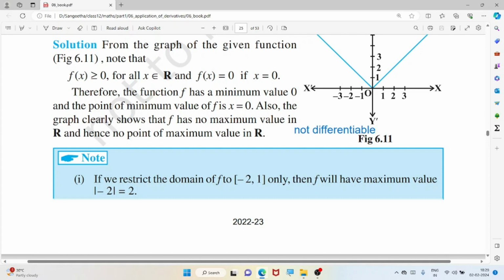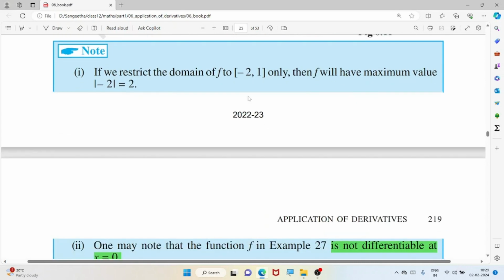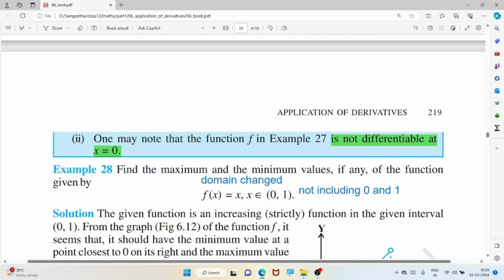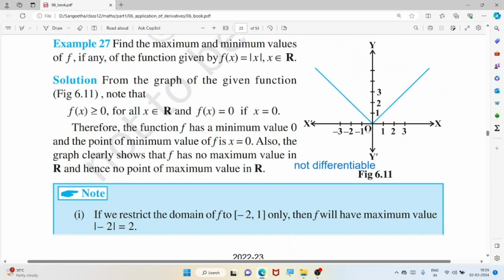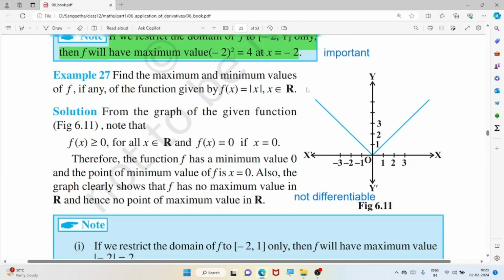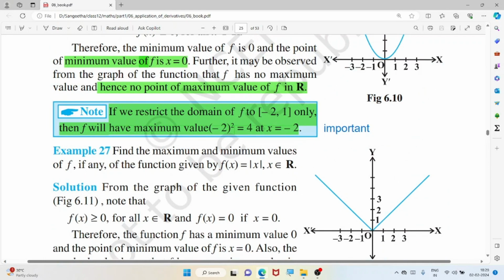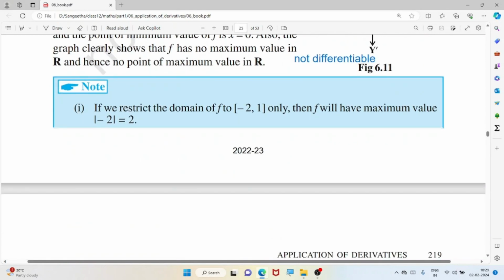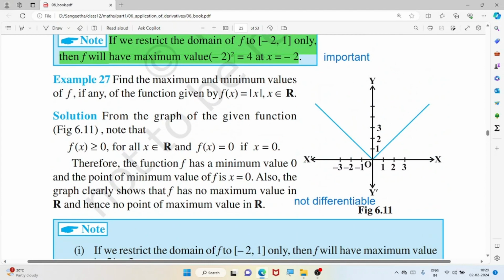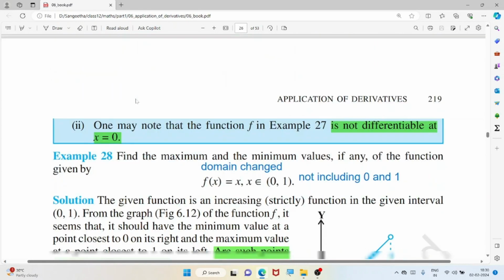Here also there is no maximum point, no maximum value, but one may note that the function f in this is not differentiable at x equal to 0. Because there is a sharp turn here, we cannot differentiate dy by dx here, but here it is smooth. That is the difference between 26 and 27. Otherwise the same.